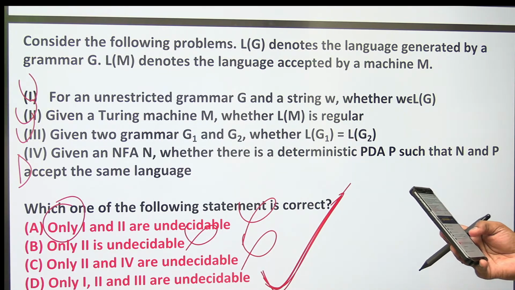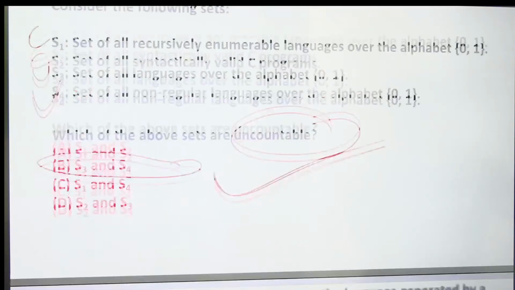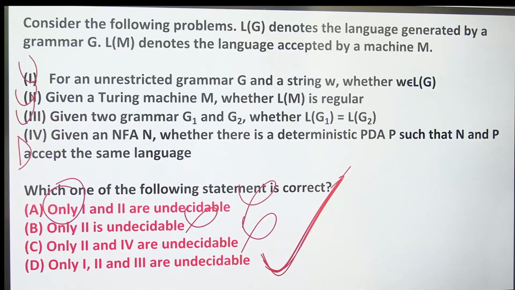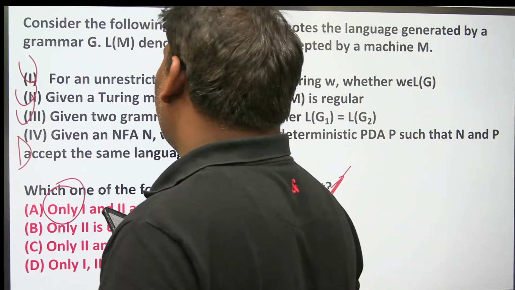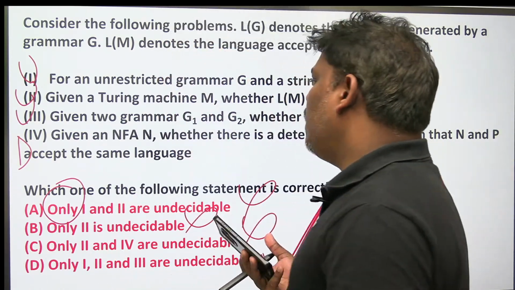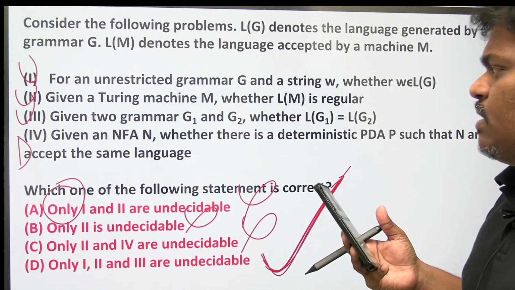Someone is saying something about the third one in the previous problem. Can you see the third one? Given two grammars, which grammar? Whenever you don't mention which grammar, you can take any one. Take the larger one. How can you take the smaller? If you take the smaller, I will say that it fails for something else. So remember, when you don't mention, take the larger.